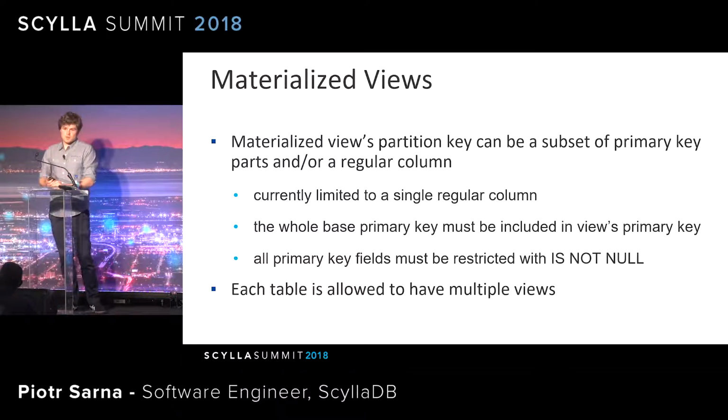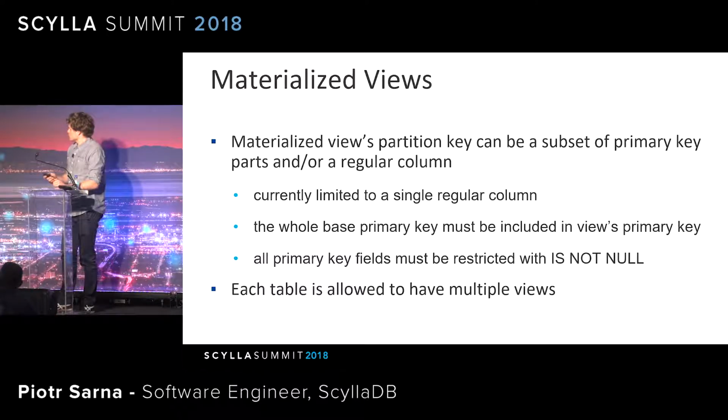Then the important part is that you need to include all base primary key columns in the view's primary key. There's room for being creative. You can use base clustering keys as the view's partition keys and so on, but all the columns must be there.